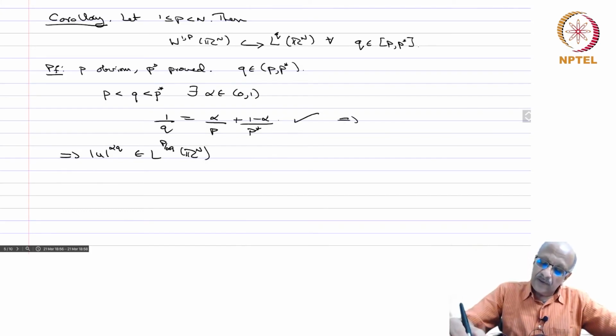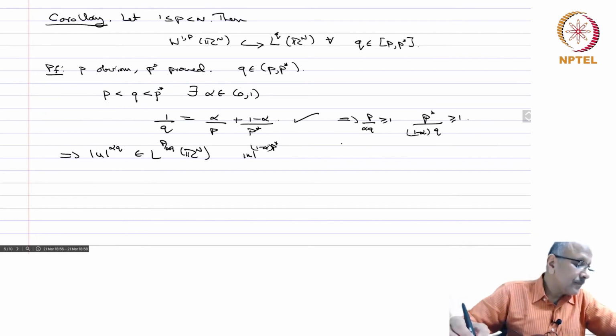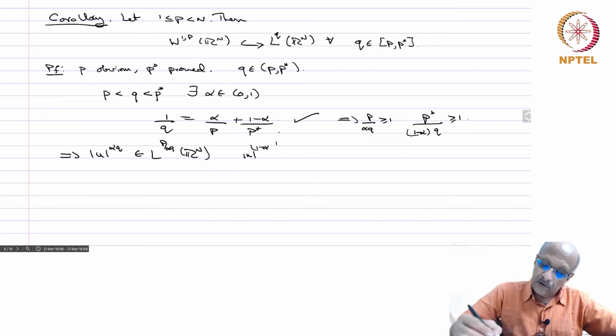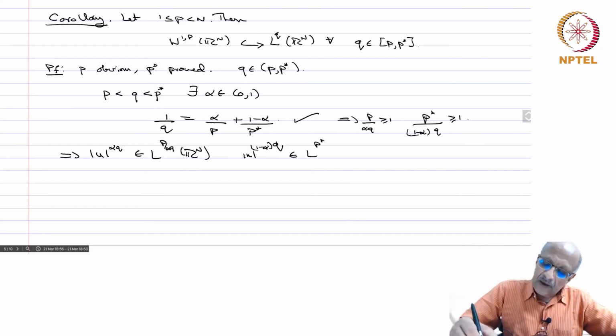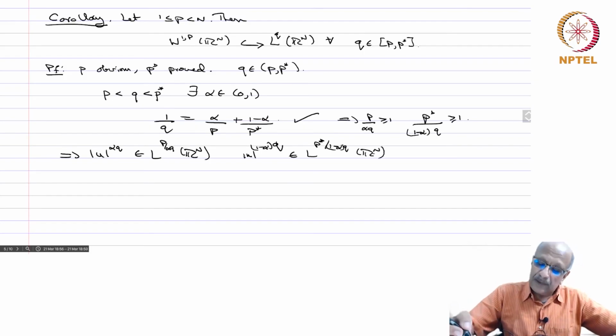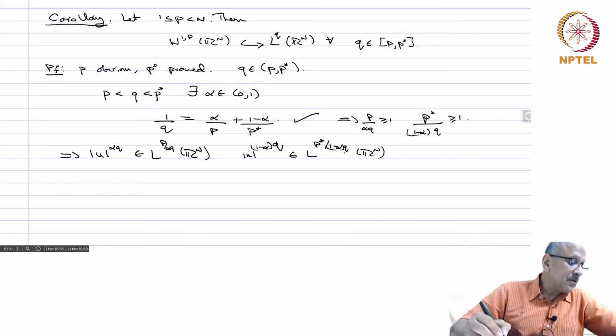Similarly, |u|^{(1−alpha)q} belongs to L^{p*/((1−alpha)q)}(Rn), for the same reason, because u is in L^{p*}, we know that, and therefore if I take p*/((1−alpha)q), it belongs to L^{p*}(Rn).